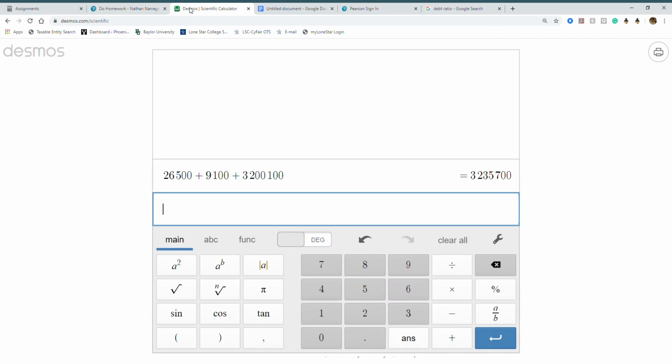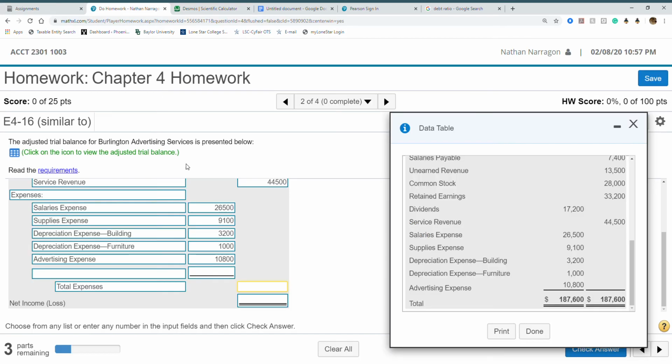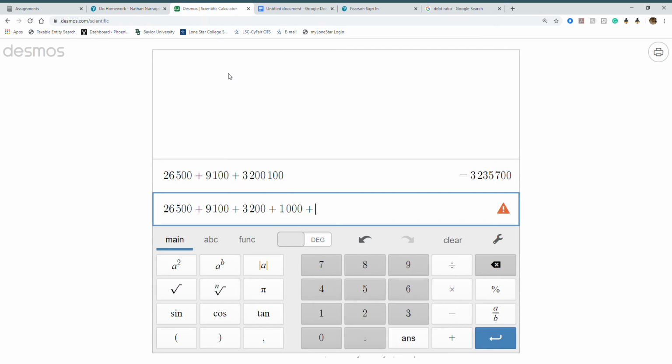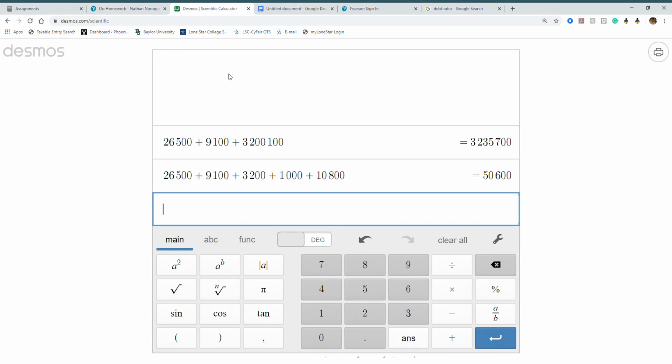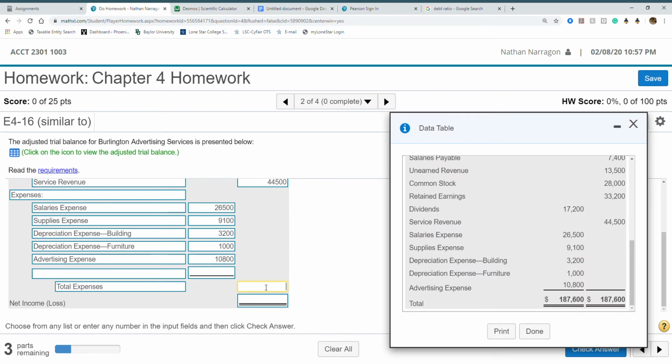Whoops. 26,500 plus 9,100 plus 3,200, 1,000 plus, to finish off, 10,800. So we had a total expense of 50,600.